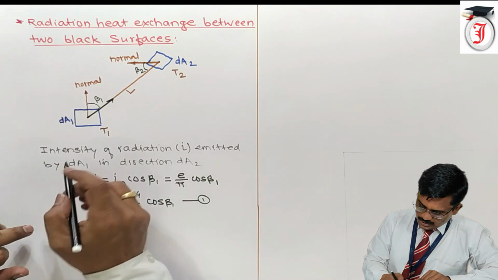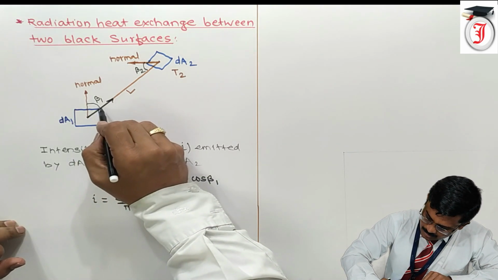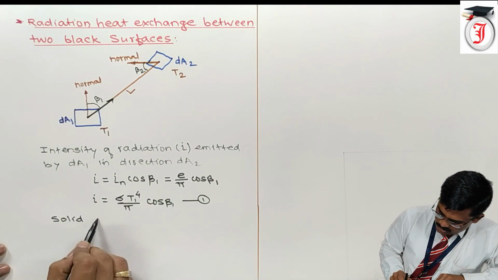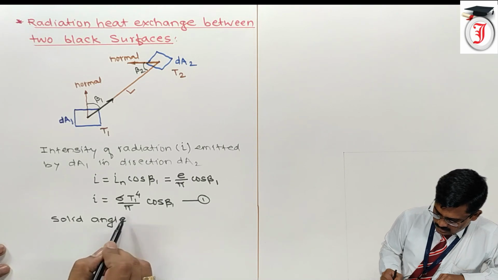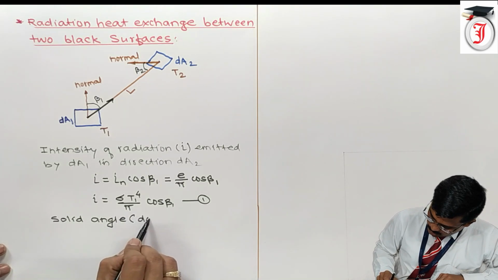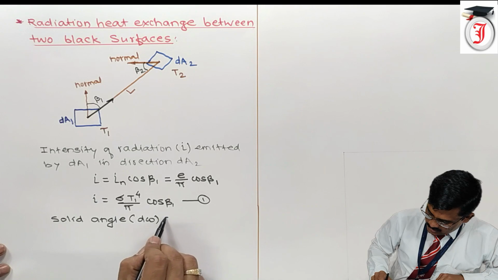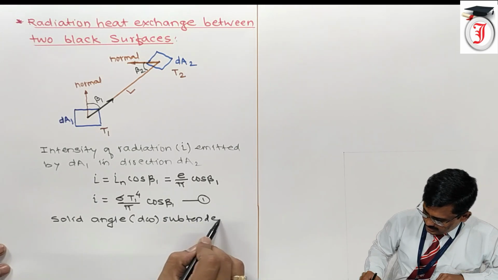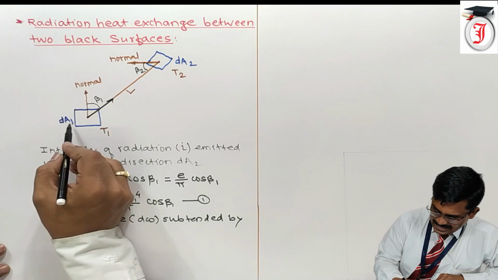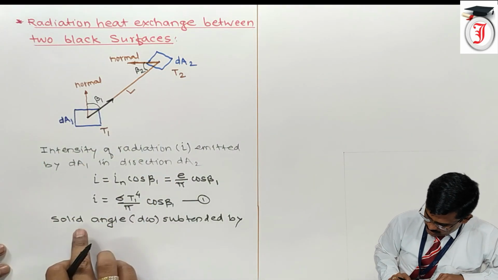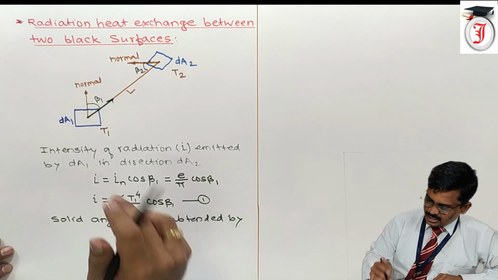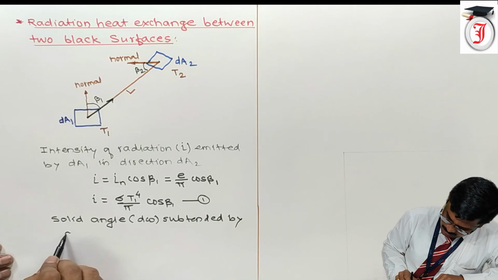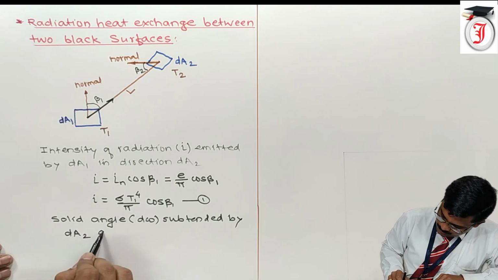Now let us calculate the solid angle subtended by this surface. Solid angle d omega subtended by the surface dA2 at surface dA1.